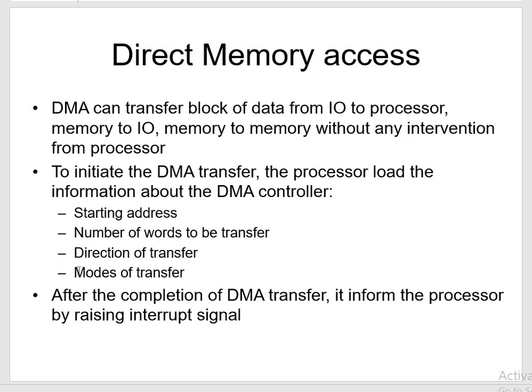Now, what is there within the DMA in which all this information will be stored? The DMA has its own register bank, and there are many registers within the DMA which are used to store all this information. DMA also has different channels. Each and every channel works independently, and every channel has its own register bank to store this type of information: starting address, number of words to be transferred, direction of the transfer, mode of transfer.